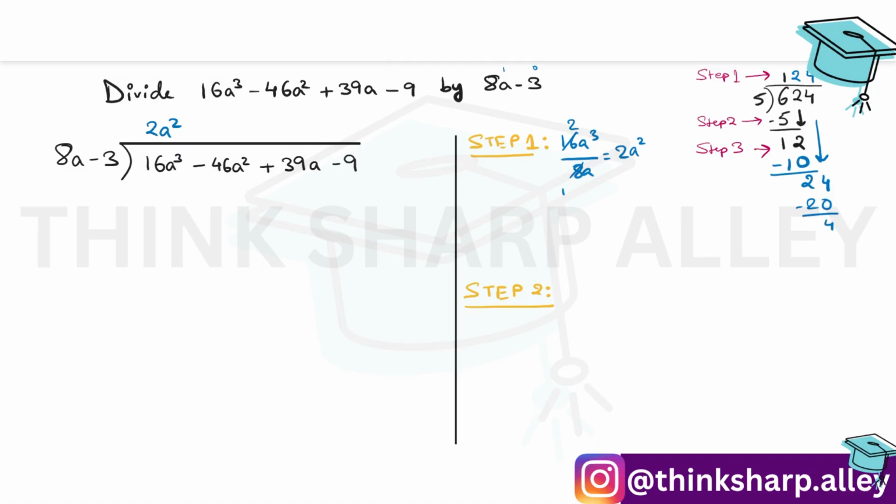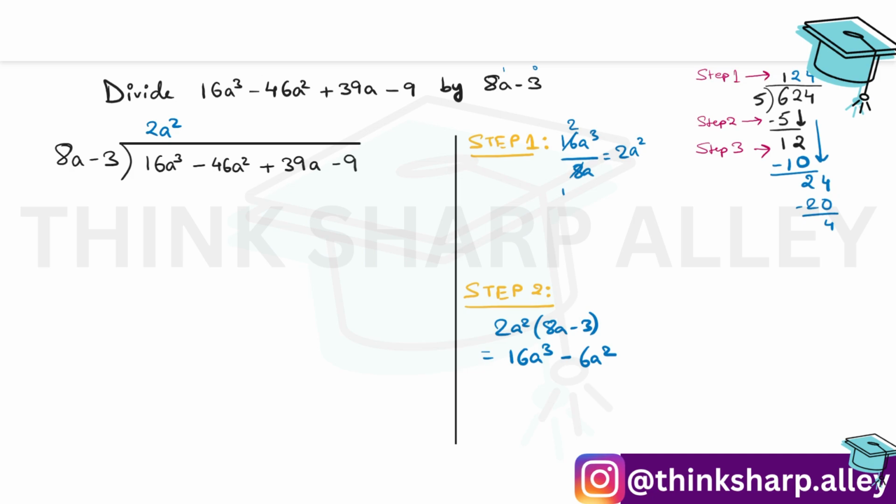Step 1 over. Now step 2. First step, we multiply the entire divisor by the result, which is 2a square. Let's multiply. So 2a square into 8a minus 3, and we get 16a cube minus 6a square.